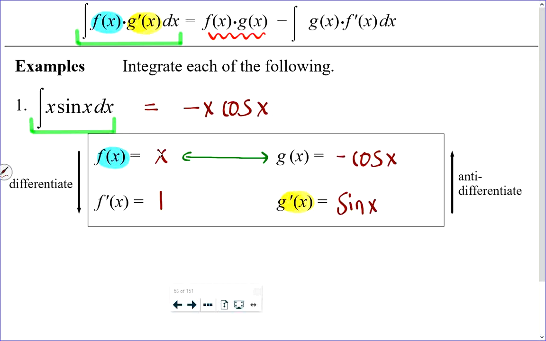So it is always going to be minus the integral of the product of those two. So we are going to have minus the integral of 1 times negative cos of x dx.